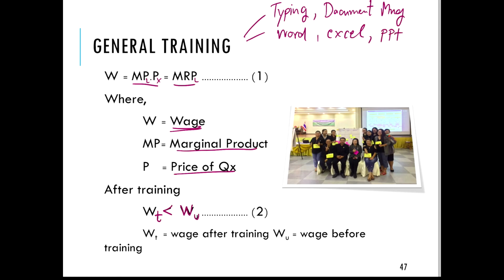So the labor should pay for themselves to have this skill, and while they train, the wage during the training period could be less than untrained. So the wage after training is higher than the wage before training.